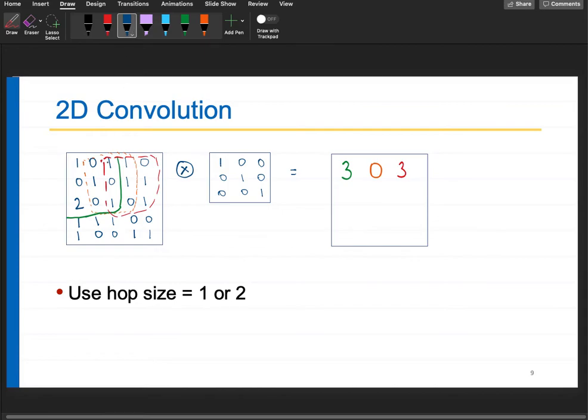You go one step down. Take this window. What is your value now? 1. The next one is this.